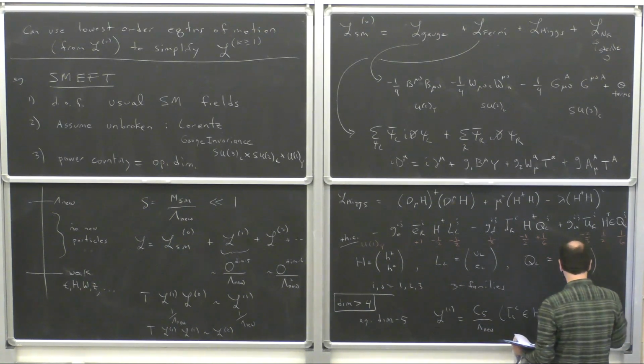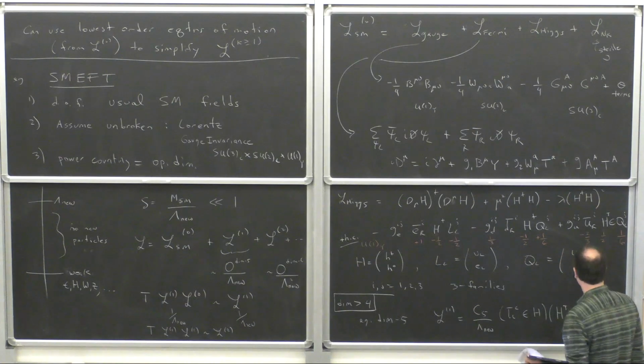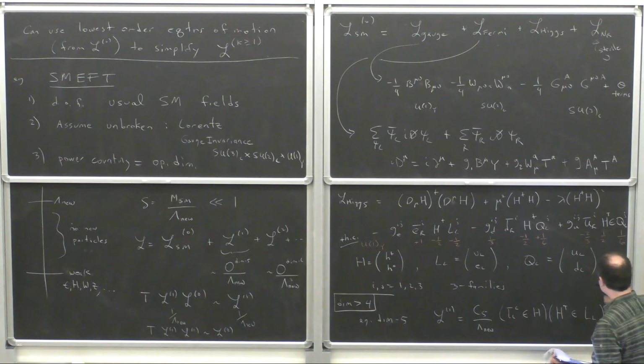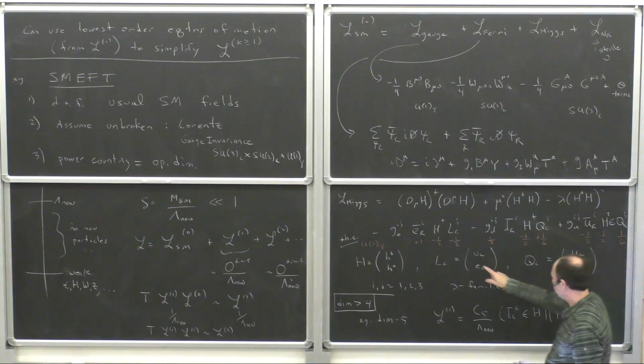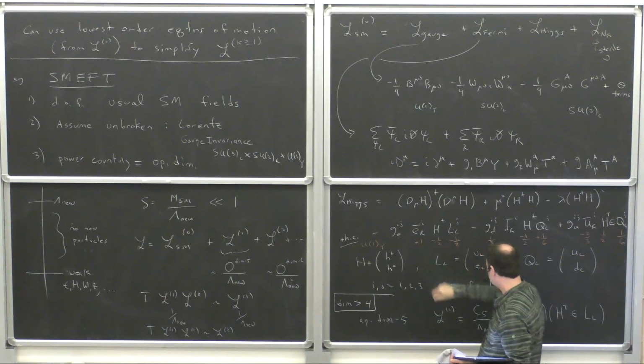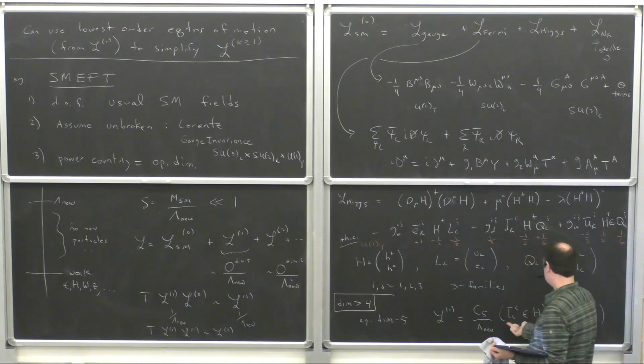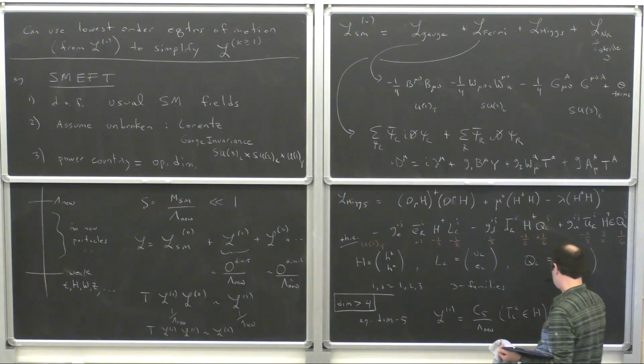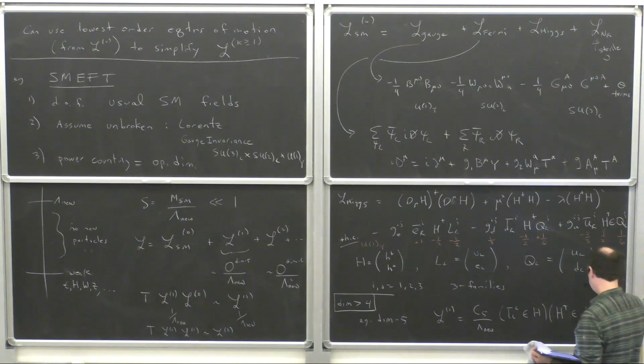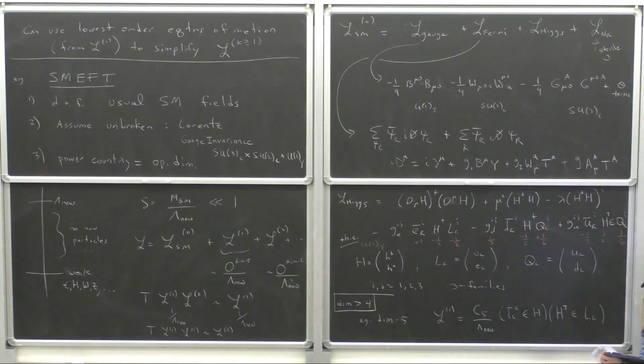It involves the combination of the Higgs and the left-handed doublet that wasn't appearing here. Like here I had H dagger LL, and then I balanced with ER. Now I'm balancing the hypercharges just directly, minus 1/2 and plus 1/2, by putting them in at the same level. And this epsilon is the same as this epsilon up here, putting the SU2 doublets together with an epsilon. So that's perfectly allowed.